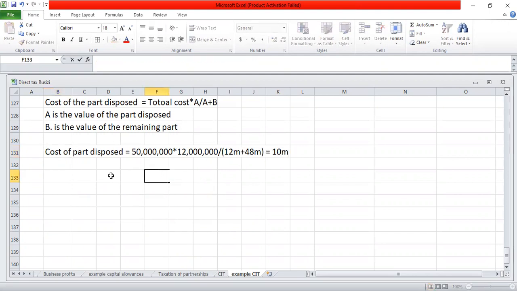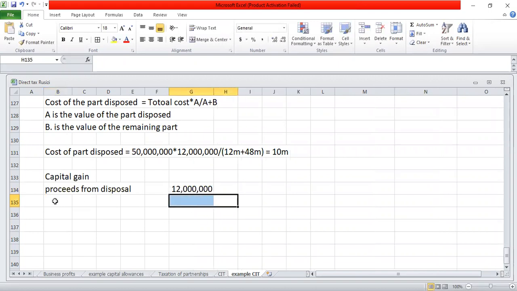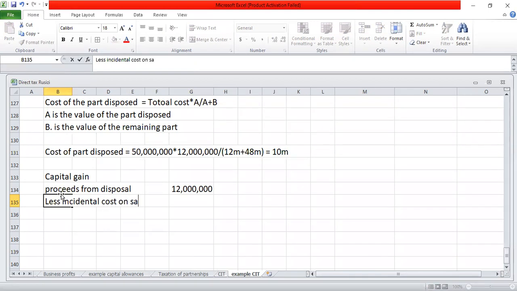So if I'm to compute the capital gain here, it will be proceeds from disposal, which is 12 million, less incidental cost on sale, which is 800. This is the net proceeds.